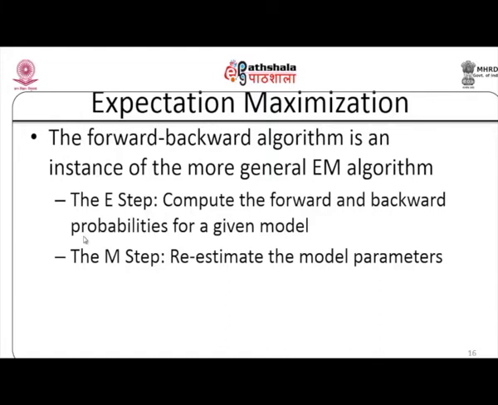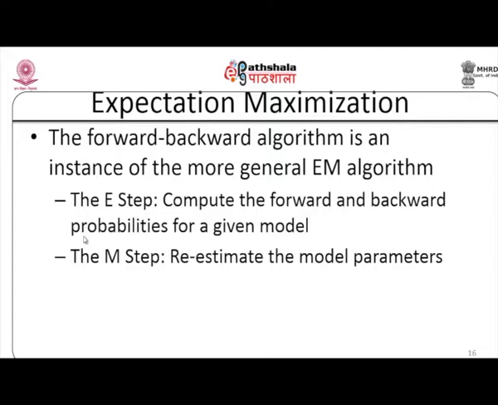In any expectation maximization algorithm you have two steps, the E step and the M step. In very simple terms, the E step is a computation of the forward and backward probabilities given the model. When you say model in a hidden Markov model, you have three parameters: the transition probability, the emission or observation probability given a state, and the initial probability, which is the probability that a particular state can be an initial state.